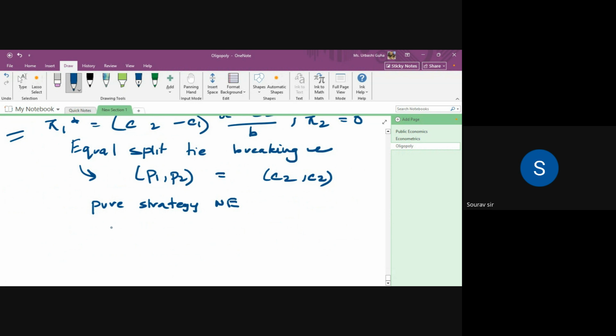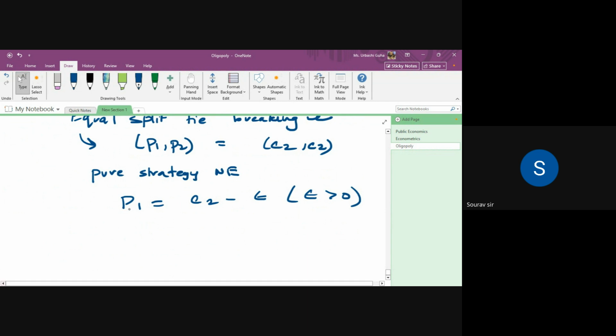So low cost. So it can profitably deviate to P1 is equal to C2 minus epsilon, any tiny epsilon greater than 0. Okay. So if I check the deviation, let's check. P1 is equal to P2 is equal to C2.